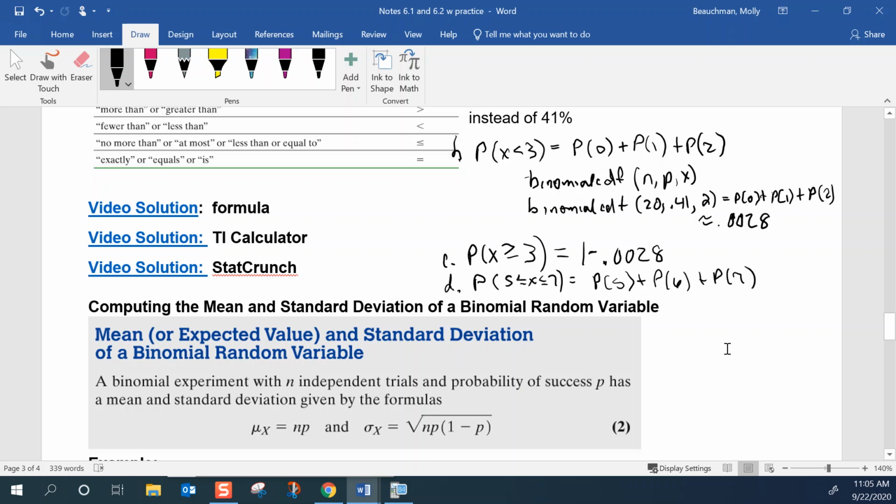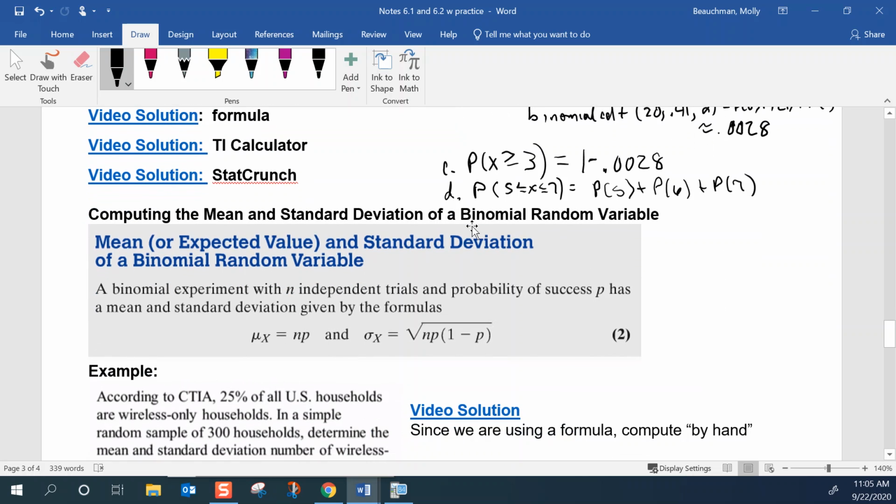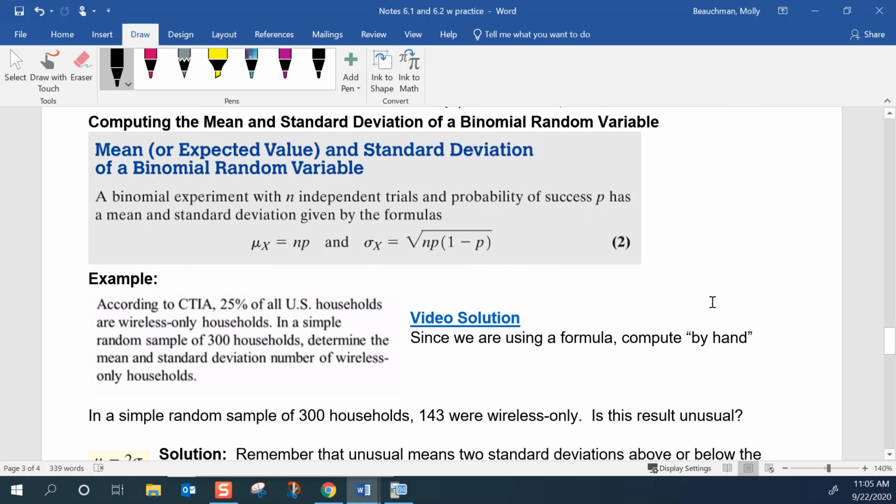All right, the next part of the lesson is how to find the mean and standard deviation of a binomial distribution or a binomial variable. So when you found it for a probability distribution in the last section, you had to type in your probabilities and you had to type in your X values. In this case, if it's binomial, there's a different calculation.